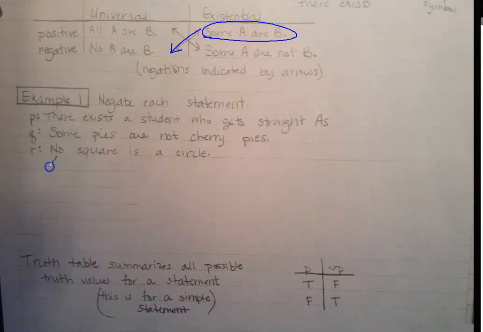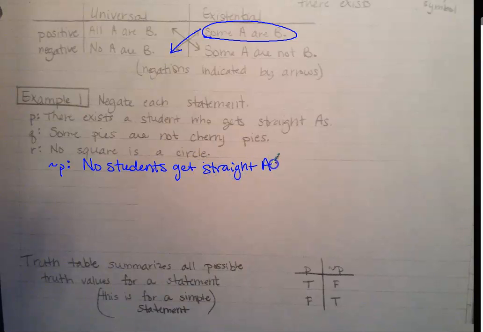Okay, so not P is going to be, instead of there exists, no students get straight A's. No student gets straight A's. Fantastic.